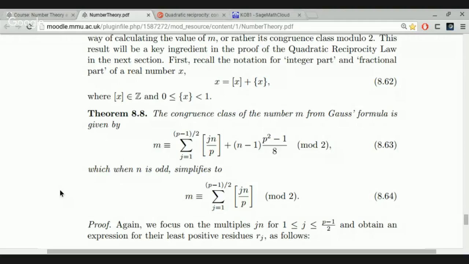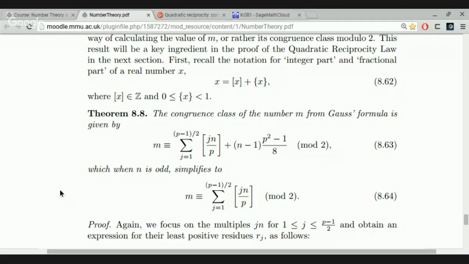Why? Because what's the y coordinate of this point which lies exactly on the line? The x coordinate of this point is j. The line has slope n over p. The actual y coordinate of this point is j times n over p.